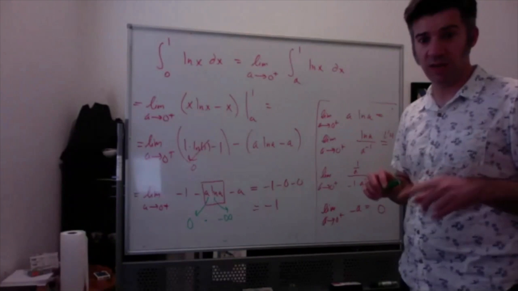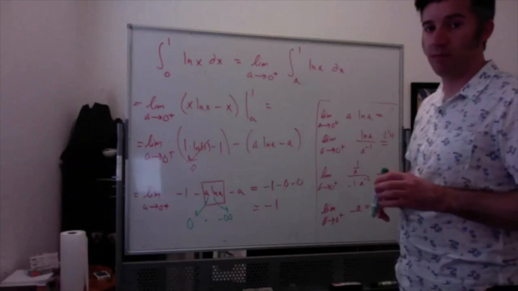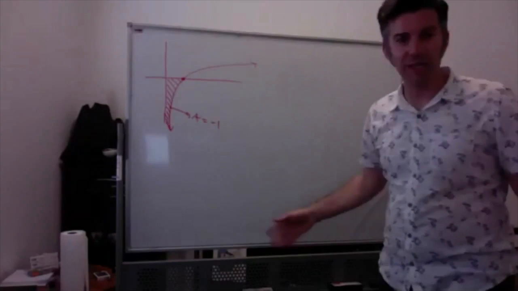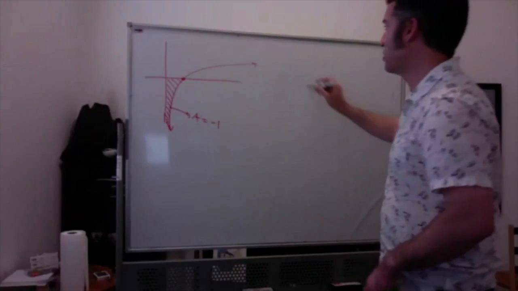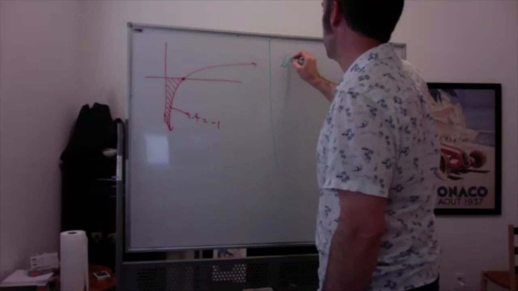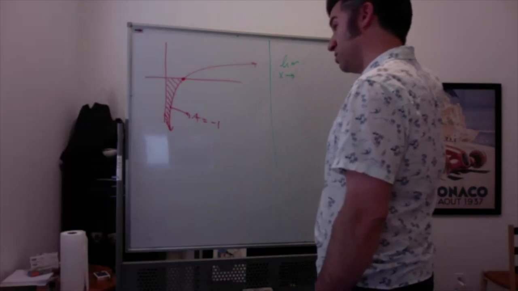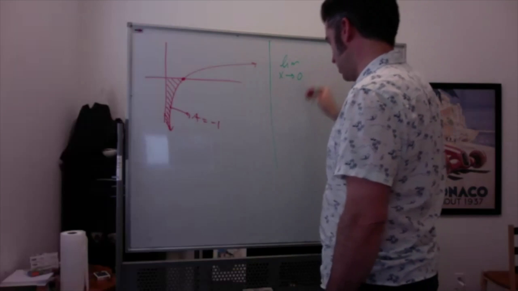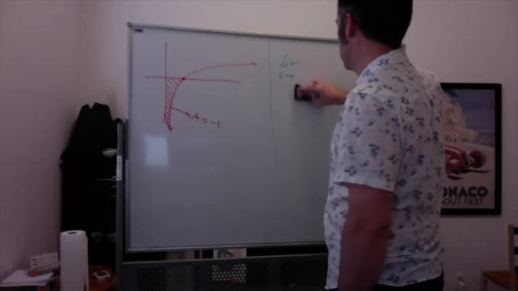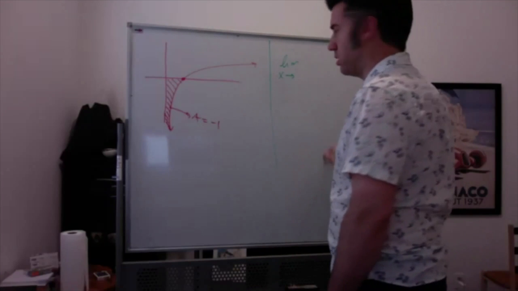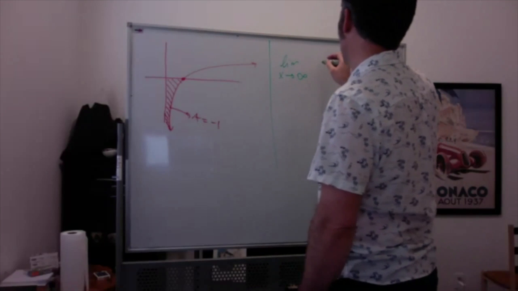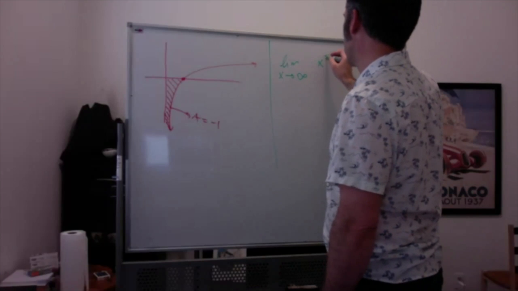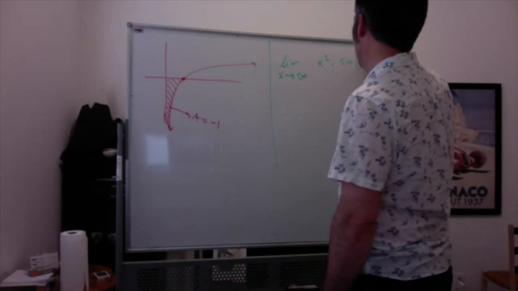Let me show you another example just to really make sure you believe me. Not that you don't believe me, but let me prove it to you. So what about this limit? The limit as x goes to infinity of x squared times sine of 1 over x squared.